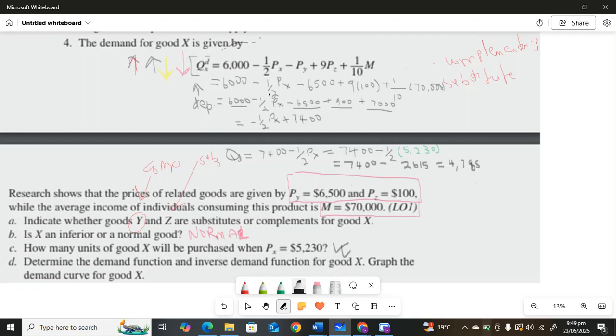With these questions, the format is standard. The moment you see values like this given to you, just know you have to substitute first. Once you've substituted, you reach the part of the question like here, which asks how many units of X will be purchased when PX equals 5,230. So the substitution can occur at any point before part C.